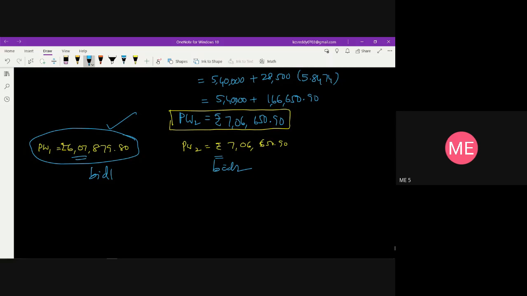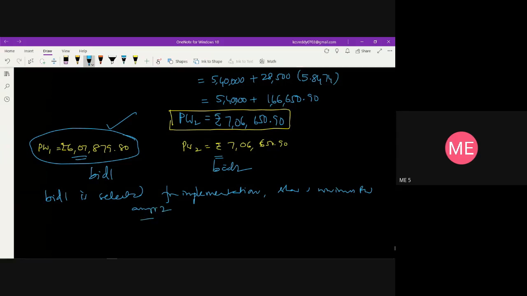We are going to take the alpha elevator, so bid 1 is selected for implementation, because it shows the minimum present worth among the two.